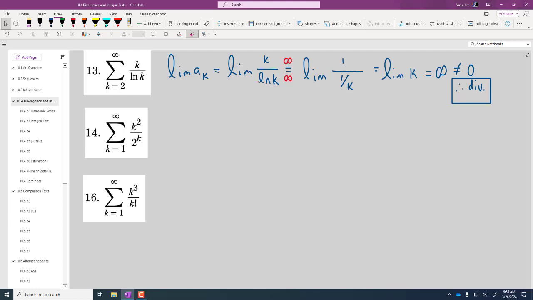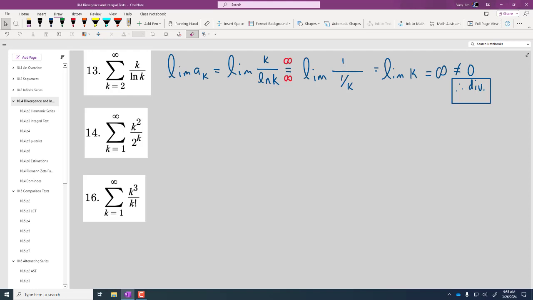The next one, same strategy. When we look at a series, maybe we don't write this down, but we think it real quick. This is the first thing that should flash through our heads: are the terms going to 0? That's the first thing, and if the terms are going to 0, then you know you've got to do more work.